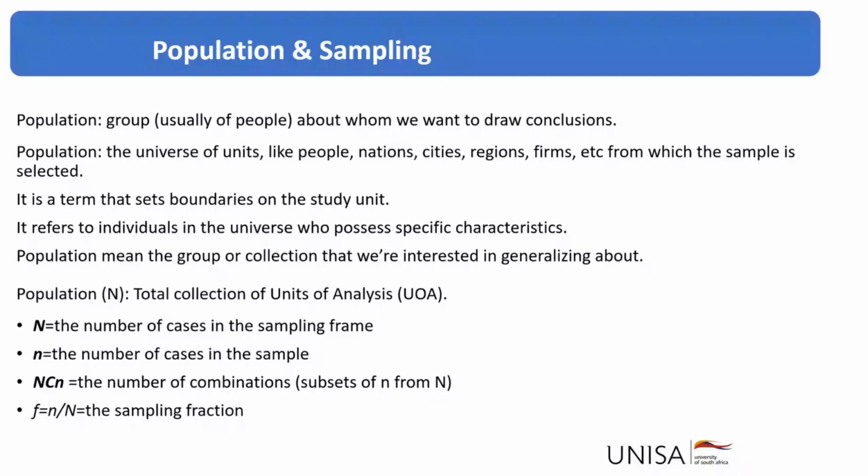It refers to individuals in the universe who possess specific characteristics when you look at the social sciences and people being of concern. So a population means the group or collection that you're interested in generalizing about. I look at the group or the collection that I want to generalize, that I want to bring generalization on.